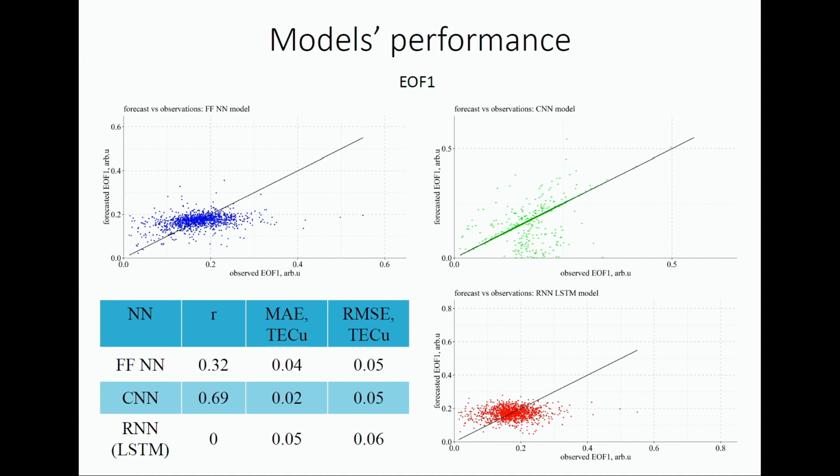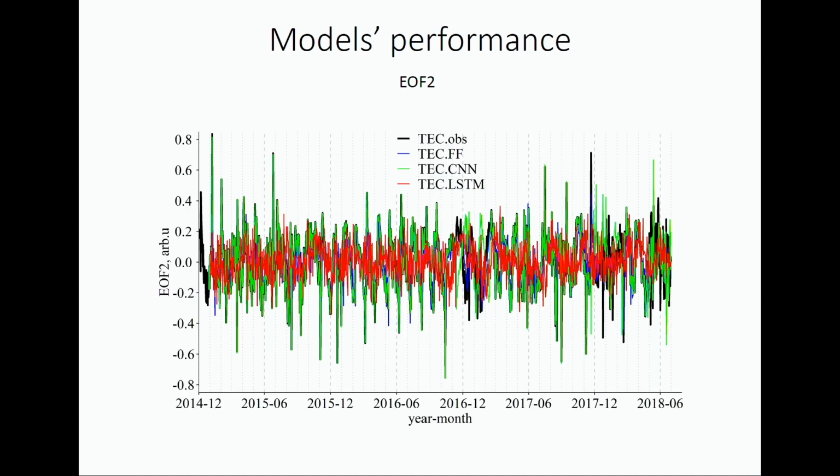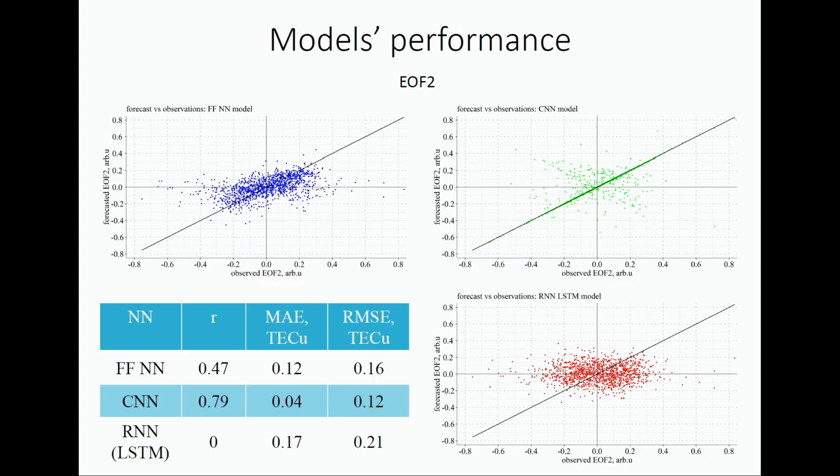But you can see already here that the other two, we still need to work more to make them valid, at least to estimate the eigenvectors. This is for the second eigenvalues. So you see more or less the same behavior.